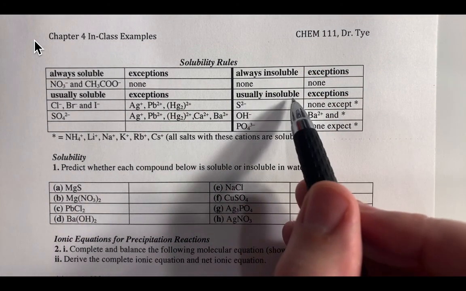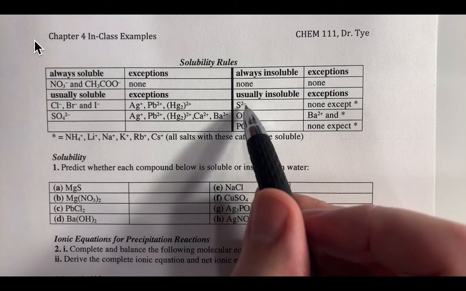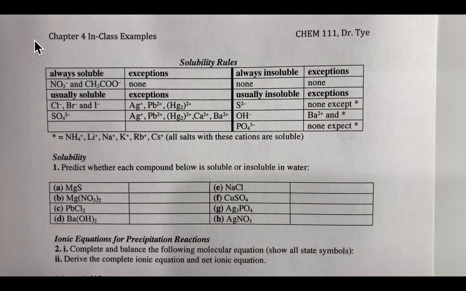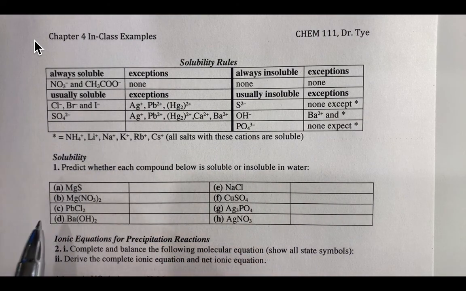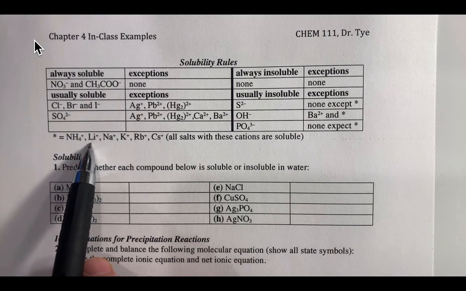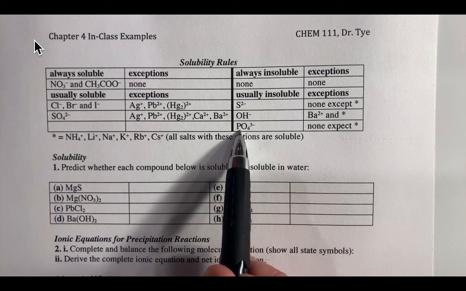And then finally, usually insoluble. So sulfide, which is S2 minus, is usually insoluble, and the only exceptions are these guys down here, ammonium and then the alkali metal cations. Same deal with phosphate.